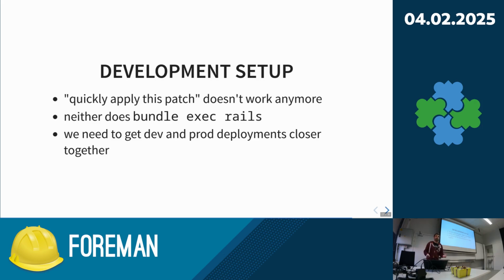Unless it's something with assets in JavaScript, but Ruby changes worked at least. So you can very quickly apply a patch. Or we have this packit service available for everybody. So if you pull up a PR, that PR already has a built RPM attached, so you can try it out. This wouldn't work anymore without rebuilding the container.